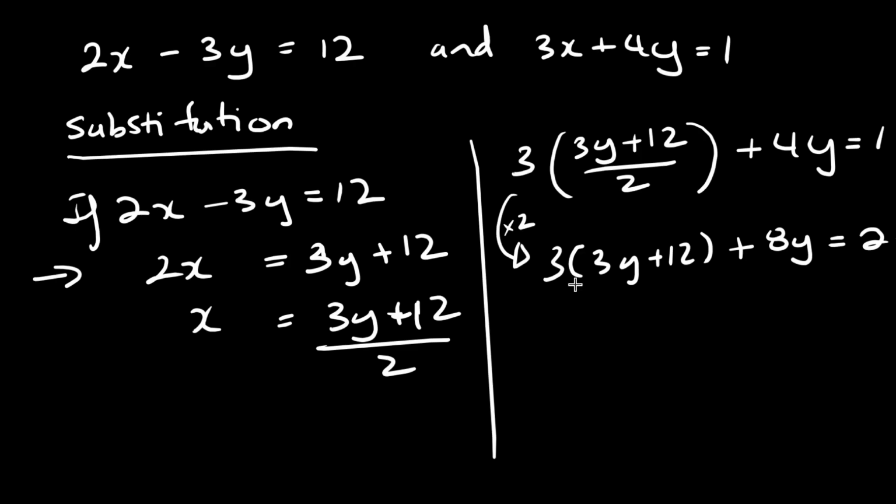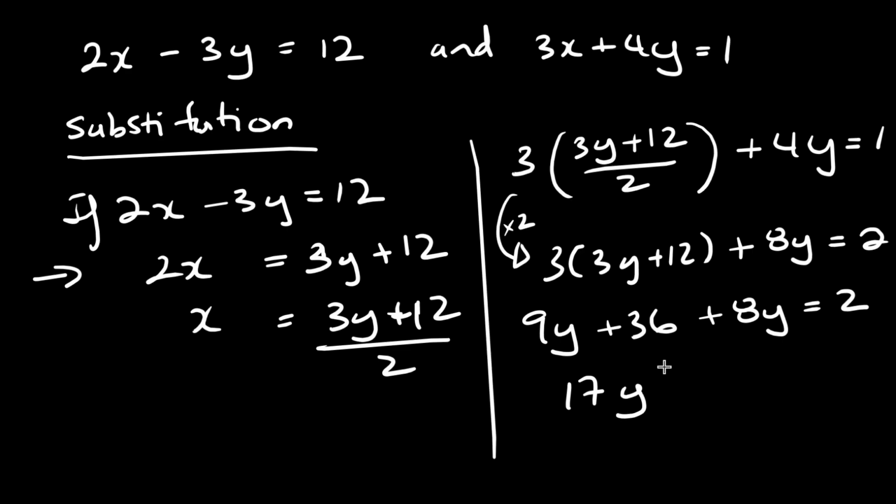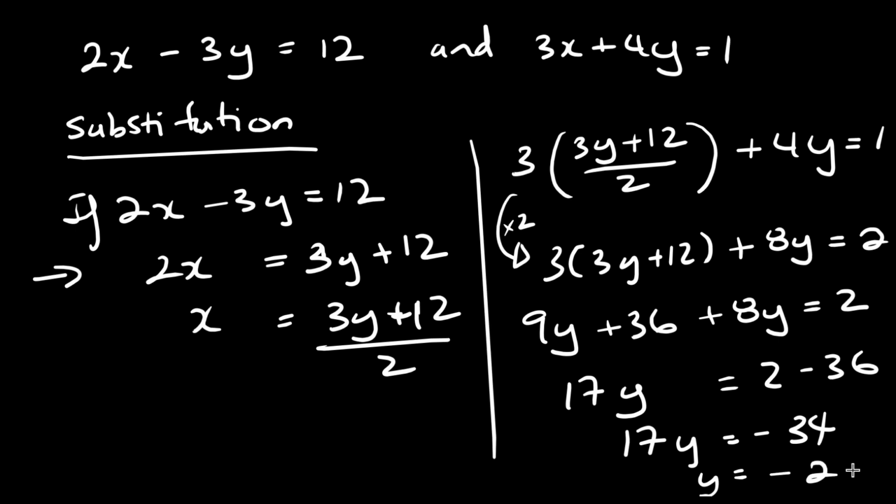Now we're almost done. 3 times 3y, 9y, plus 36, plus 8y is equal to 2. 9 and the 8, we end up with the 17, right? And we end up with 2 minus 36. 17y is equal to negative 34. y is equal to negative 2.